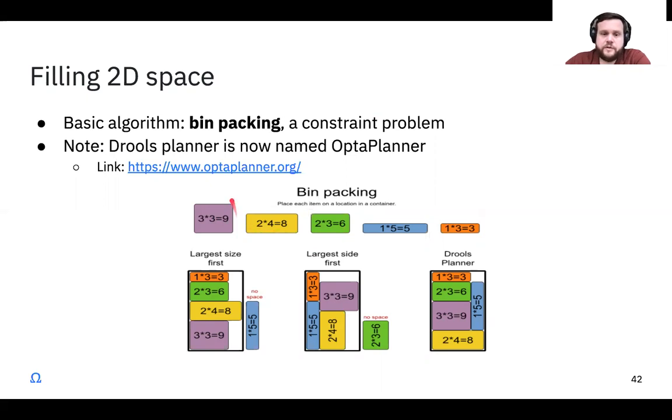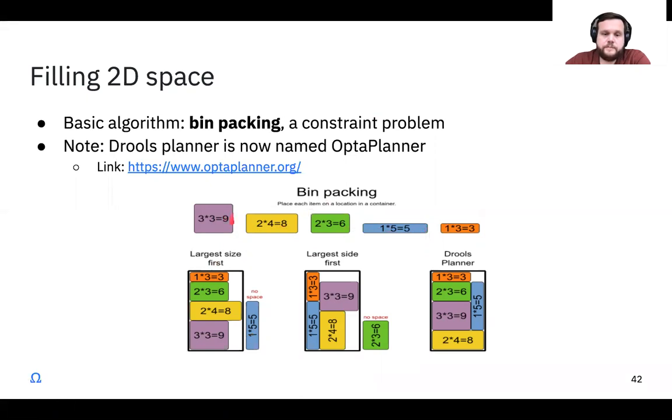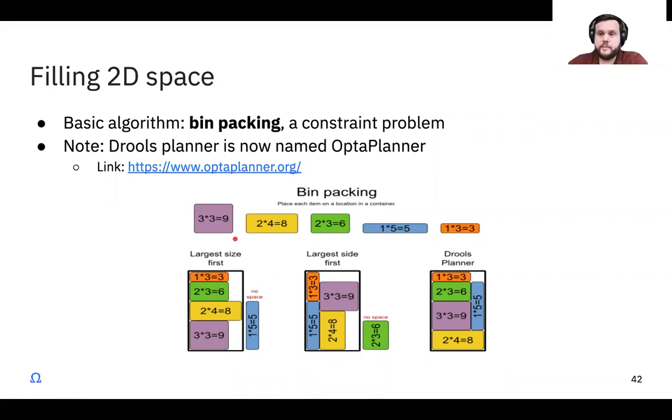You have a bin, and you have various items that you need to place in the bin, and you of course want to be as efficient with your bin placements as possible. You can see the obvious industrial applications of this constraint satisfaction problem.